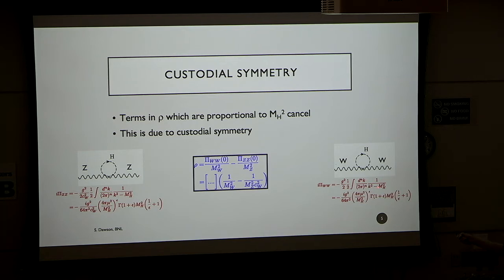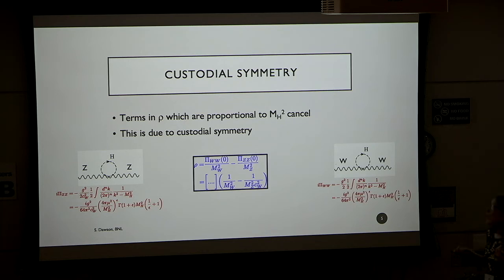So I put together the two pieces, the W and the Z. Here's the rho parameter, Pi_WW over m_W squared minus Pi_ZZ over m_Z squared. It's got the front matter from these, and then there's a 1 over m_W squared, same front matter, 1 over m_Z squared cos squared theta_W. So the terms that go like m_H squared cancel.